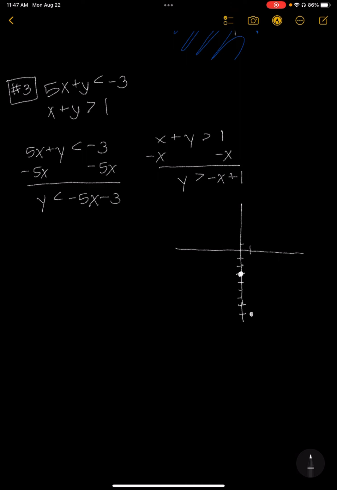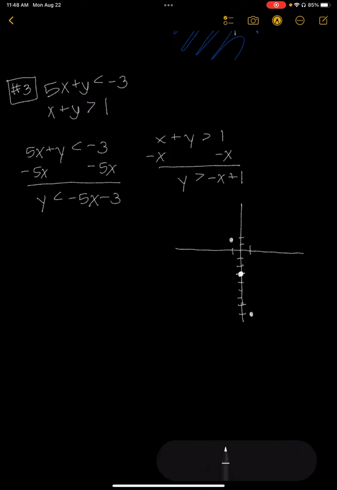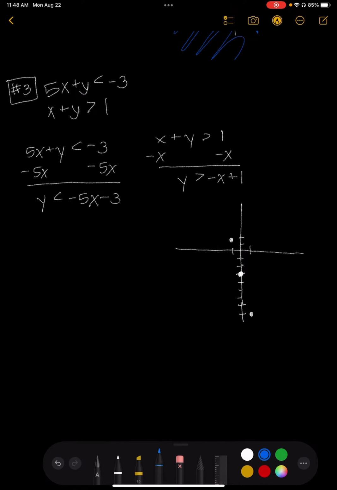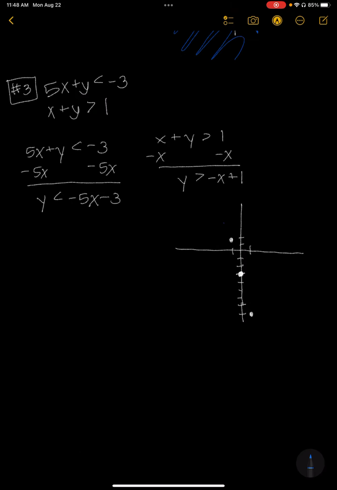Just kind of depends on how much space you have on the graph and how many points you want to put on there. Okay, it's a less than, not a less than or equal to, so we're going to put a dotted line there. And then it's a less than, not a greater than, so that means we shade below that line.